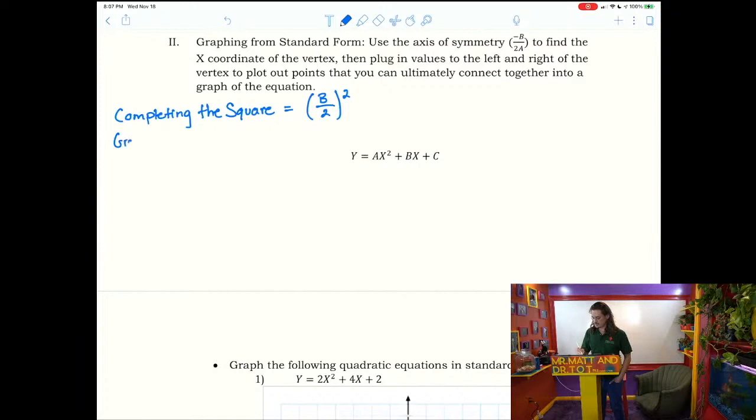But notice the difference between that and the expression that we use to solve for the axis of symmetry when graphing a standard form quadratic.